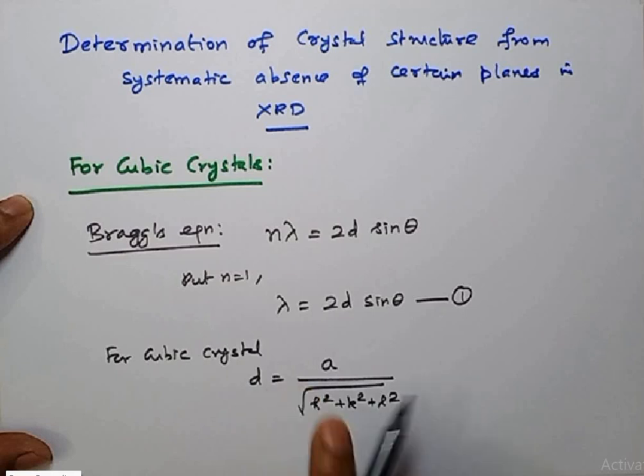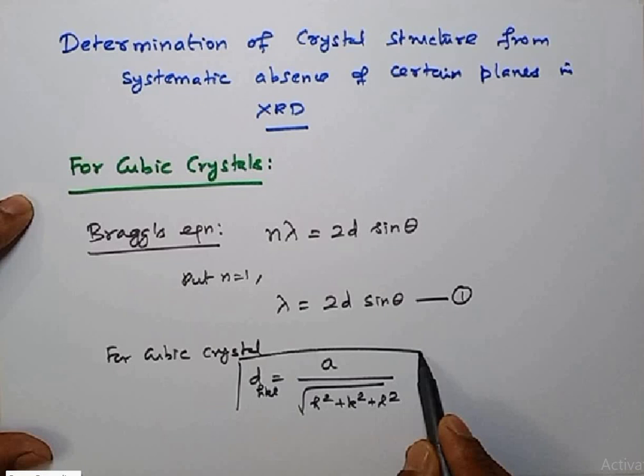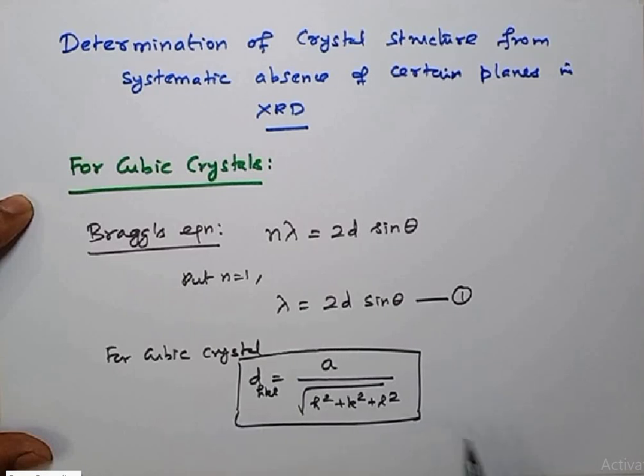So this is the interplanar distance for particular hkl planes. This formula is applicable only for cubic crystals. Note down.